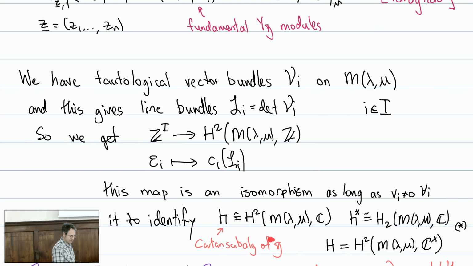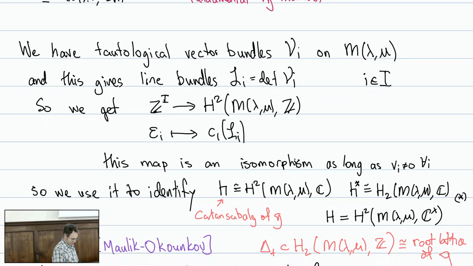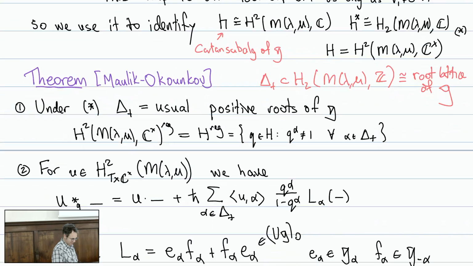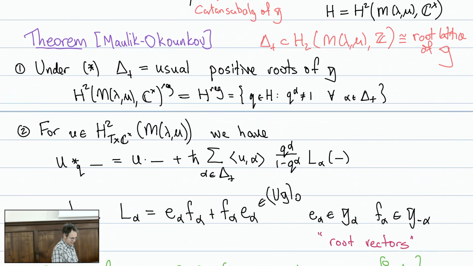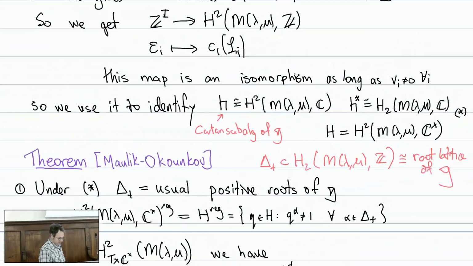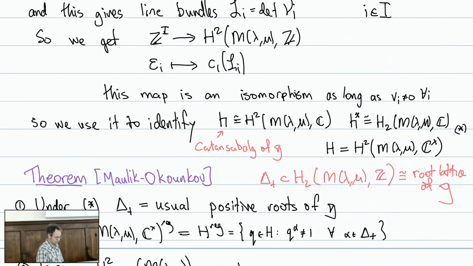So this g, remember, we started with the Dynkin diagram, and g was the semisimple Lie algebra associated to that Dynkin diagram. And then I was in the middle, basically where I left off, in the middle of this theorem of Maulik-Okounkov. So the first part of the theorem says that under this identification of the dual of the Cartan with H_2, this identifies the set of Kähler roots.